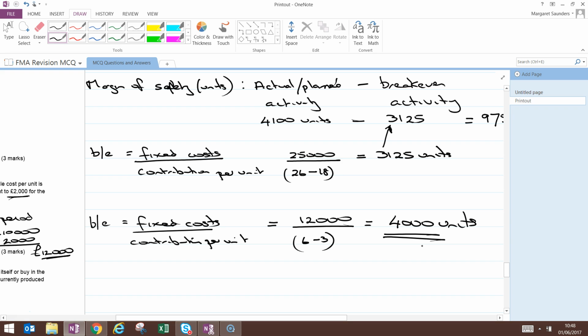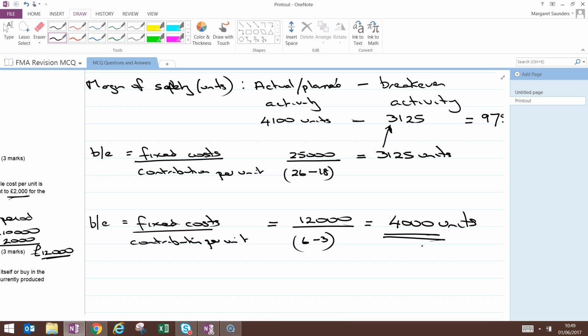If you are asked to calculate the break-even in revenue, remember revenue is sales, so the break-even in revenue is the number of units you're selling to break even, so in this example 4,000, multiplied by the selling price.